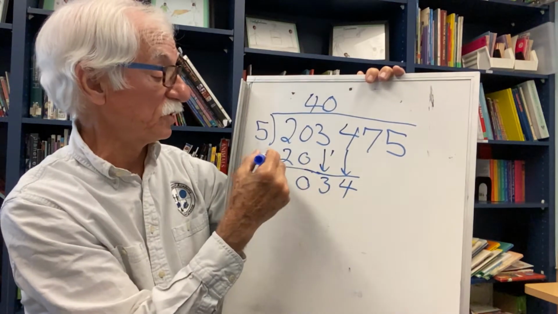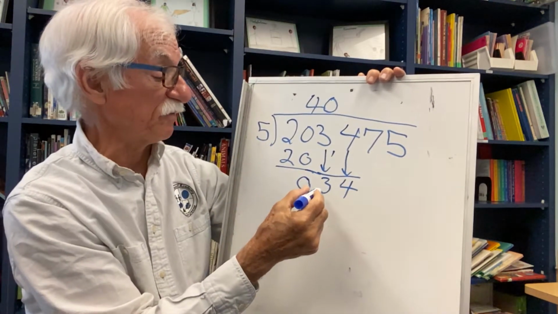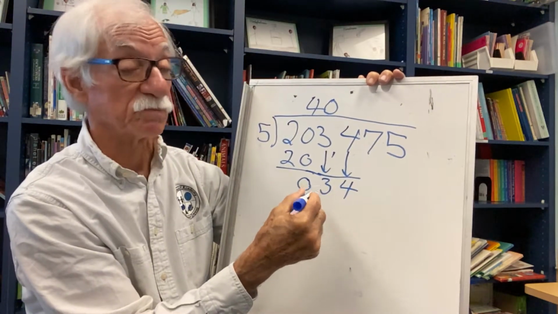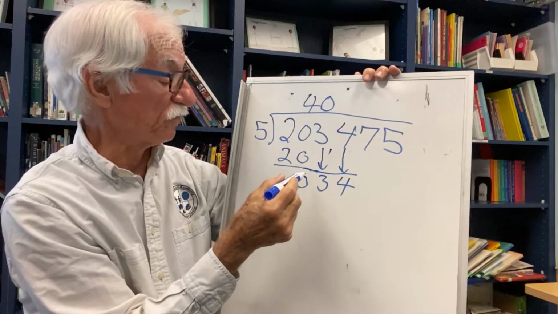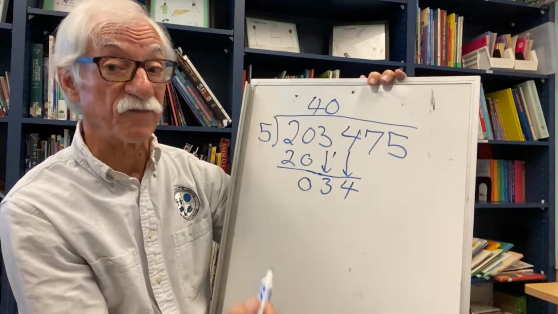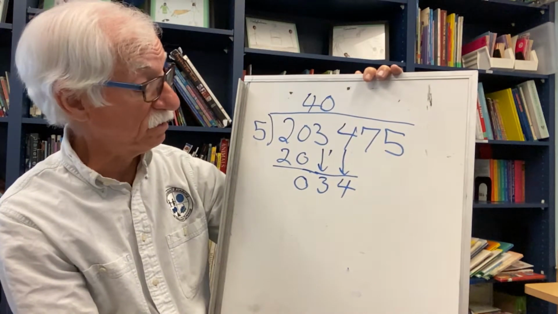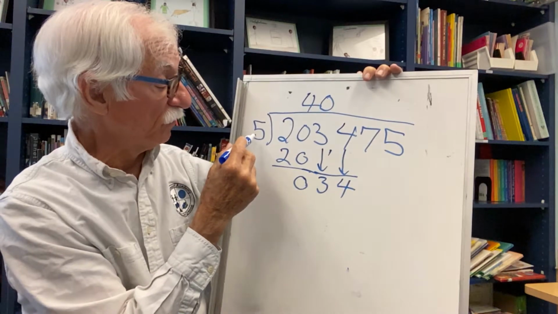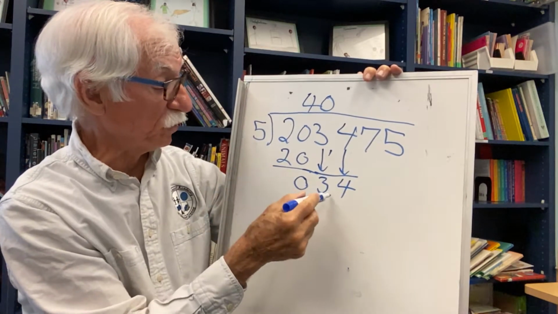3,400 bulbs? Well, I know that 5 times 5 is 25. More groups of 5 in 34 than just 5. 6 times 5 would be 30. So I'm really close. 5 taken 7 times would be 35.